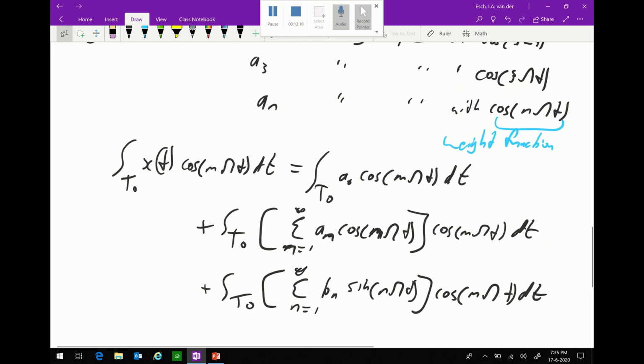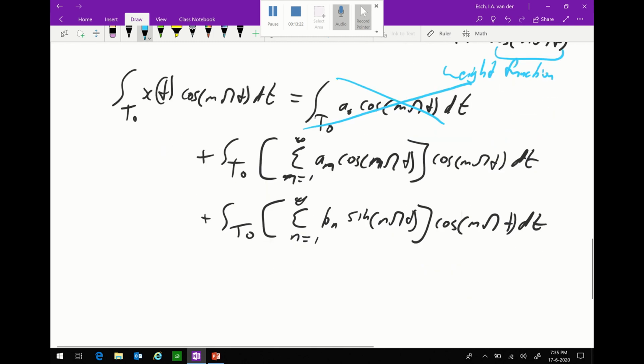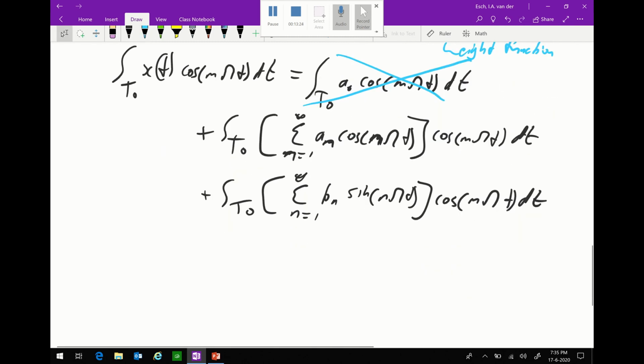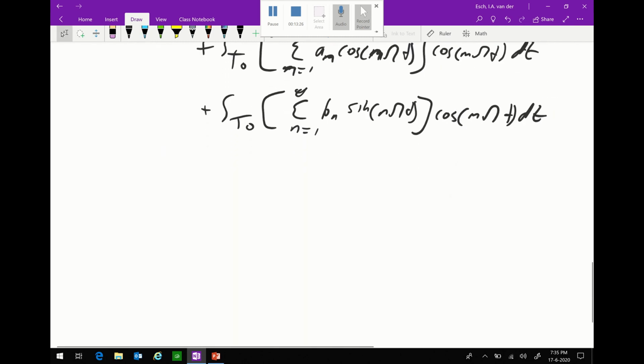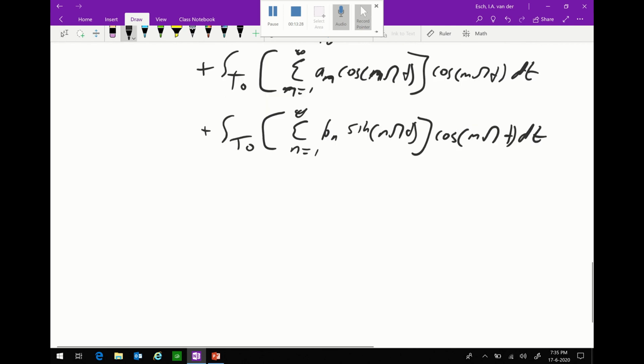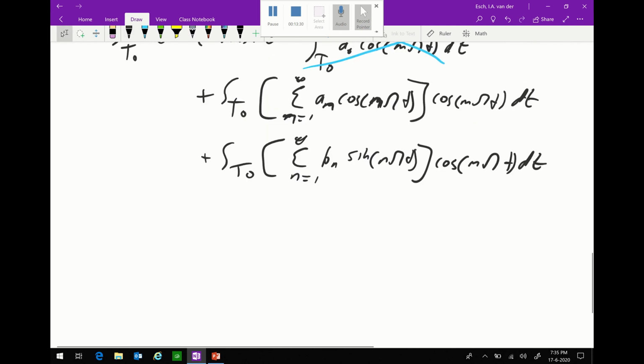And since we already saw that an integration over cosine is 0, this term already cancels. And now we have only two terms left: this term related to cosine terms and this one related to sine terms.